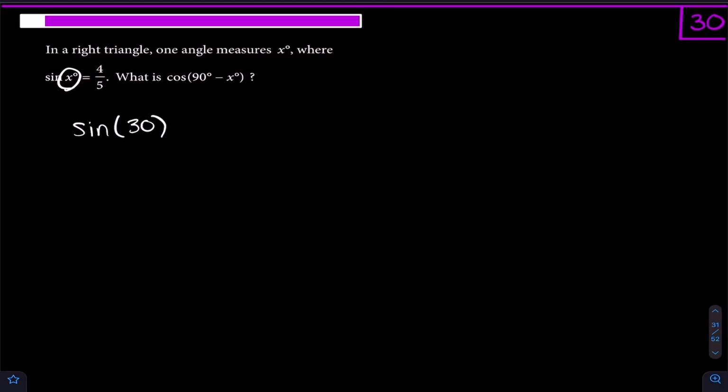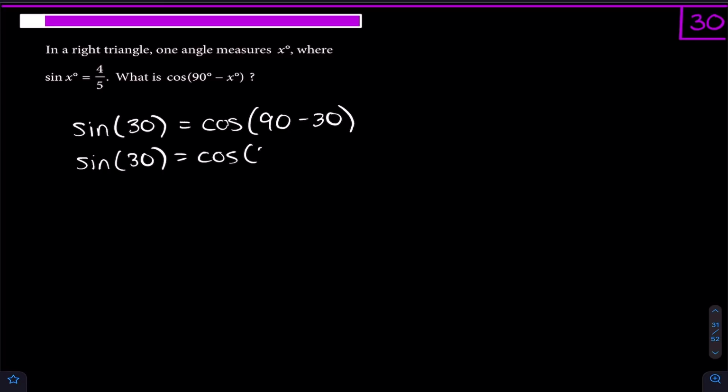If I make x equal to 30, I get sine of 30. I'm going to show you that's equal to cosine of 90 minus that. Because this is sine of 30. This is cosine of 60. And sine of 30 is 1/2. Cosine of 60 is also 1/2. So that works. And that's one example of where sine of x is equal to cosine of 90 minus x.